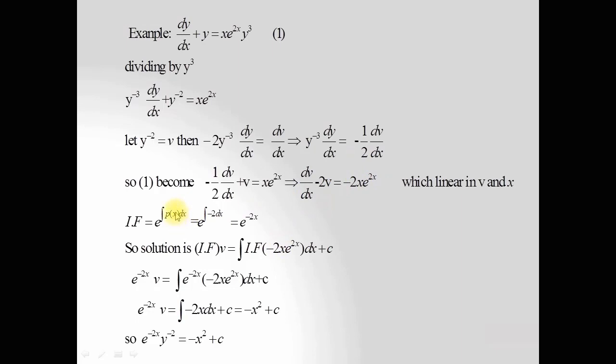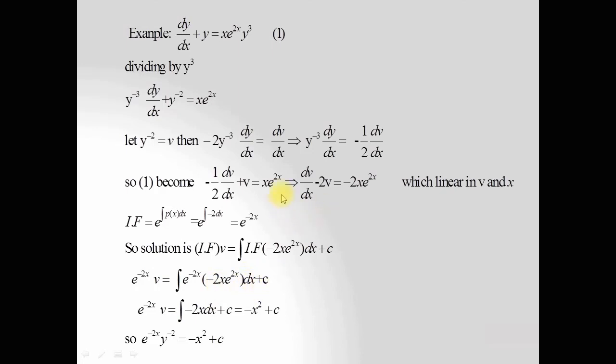Use the p function for the integrating factor and the q function for the solution. When you find the integrating factor, then using the formula for the solution, integrating factor multiplied by the dependent variable is equal to the integration of the product of the integrating factor and the q function with respect to x.